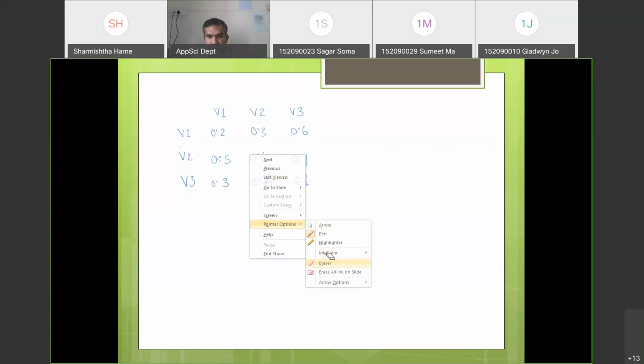I hope you realize what is the mistake here. This is the correlation of variable V1 with V1. It will not be 0.2.